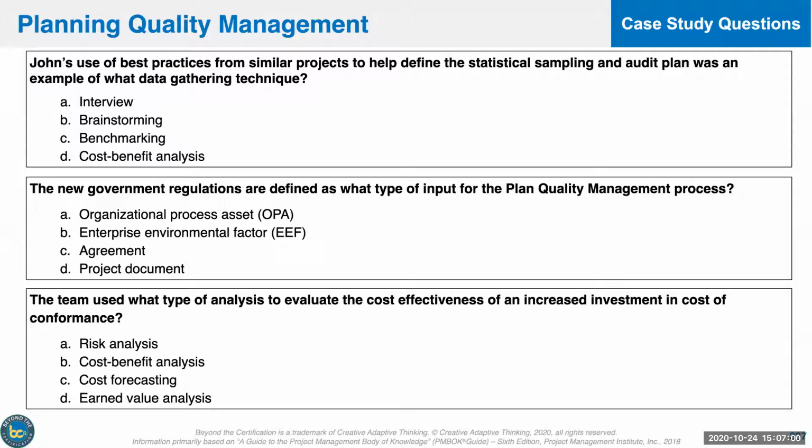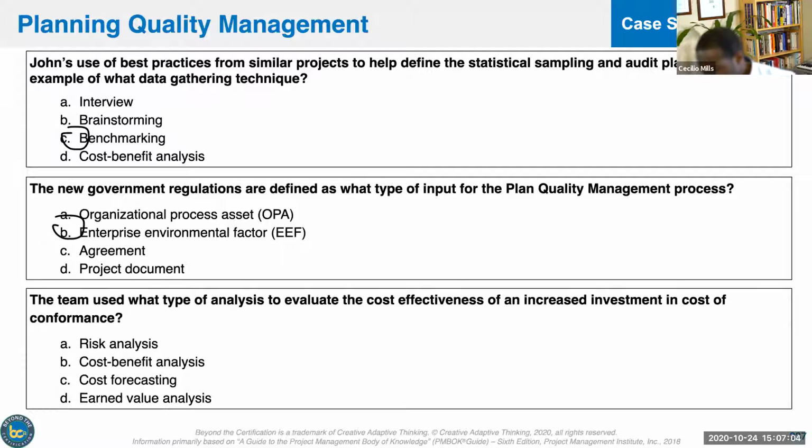B. Okay, and the team used what type of analysis to evaluate the cost effectiveness of an increased investment in cost of conformance? B. Sweet. I think you got them all.